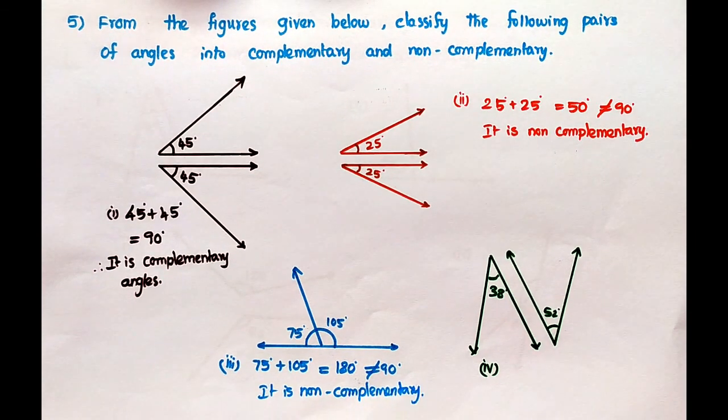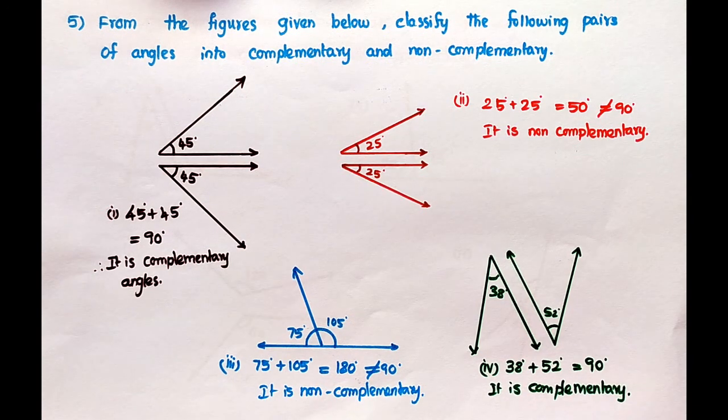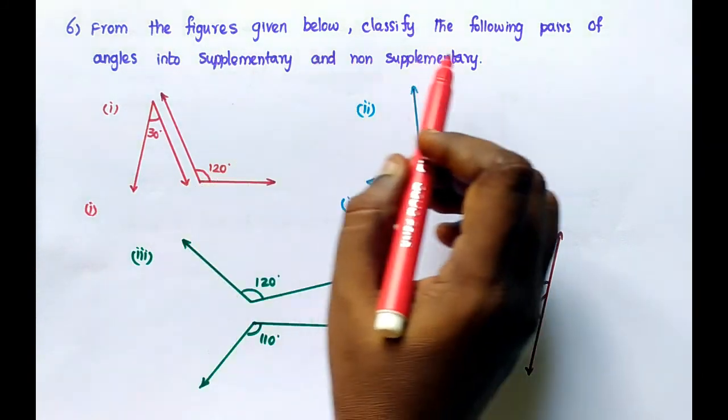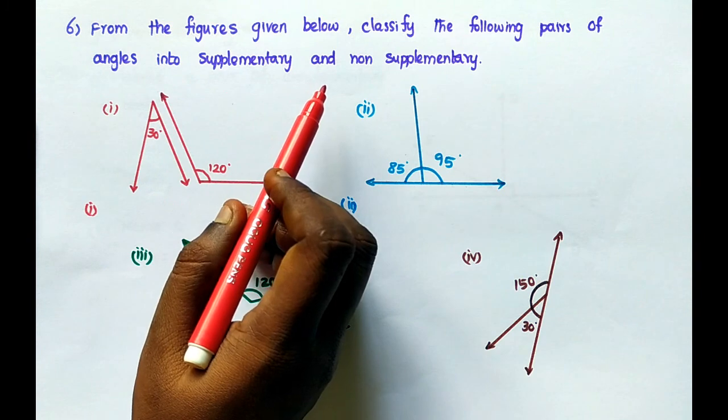Next one, fourth, 38 degree plus 52 degree, that is equal to 90 degree. So it is complementary. That is the answer.